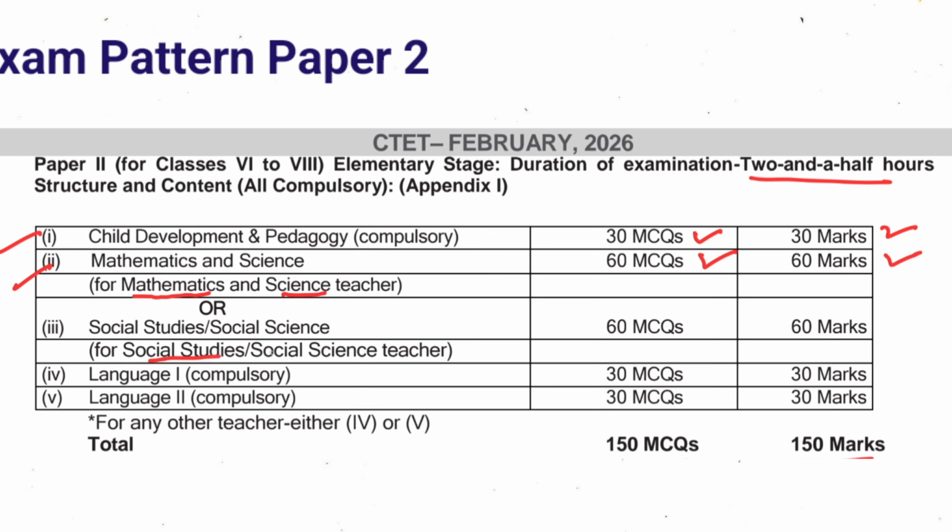For social science and social studies teachers, they can opt for social studies and social science. They have only 60 MCQs, 60 marks. So you have to choose either maths and science or social studies or social science. Then language 1 and language 2, both of 30 MCQs, 30 marks.